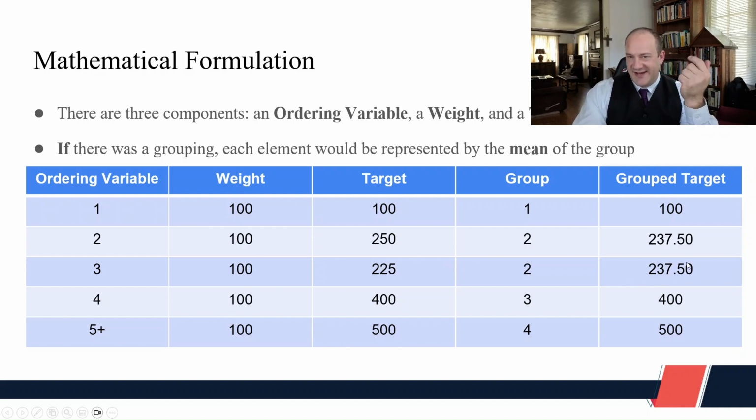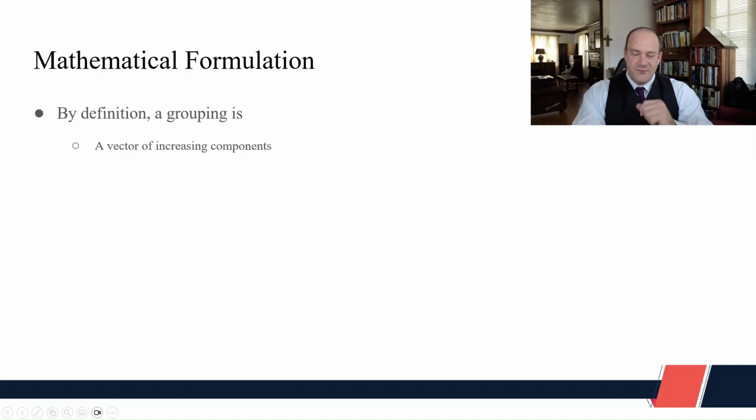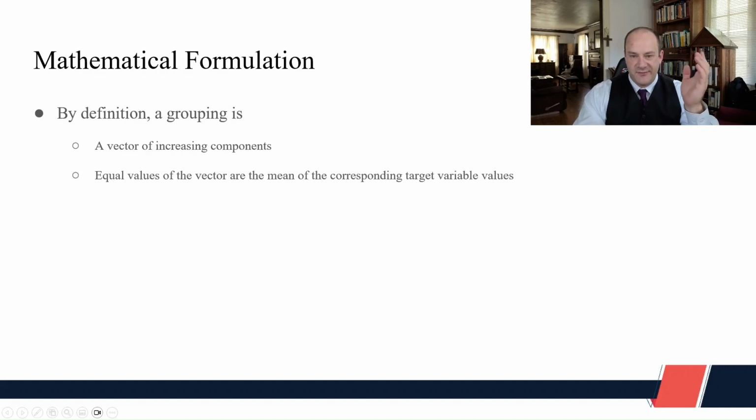And again, we selected that because there seemed to be some sort of minimization of squared errors that went along with it. And so what is a grouping then? Well, a grouping is a vector of increasing components. And what we would think of is that each equal value of the vector of increasing components corresponds to the mean of the target variables for those records.